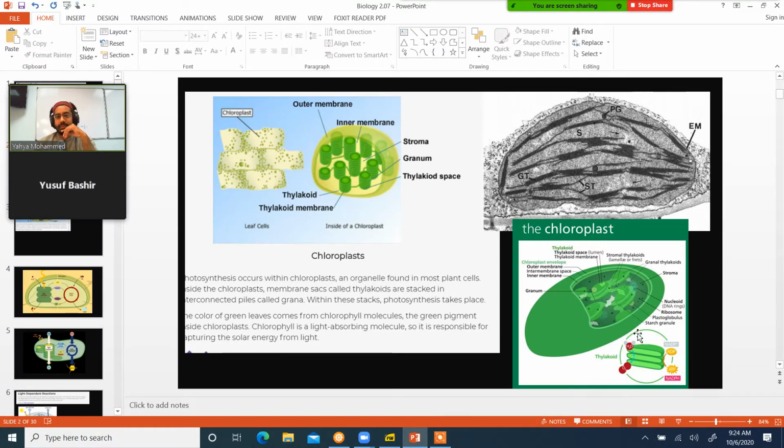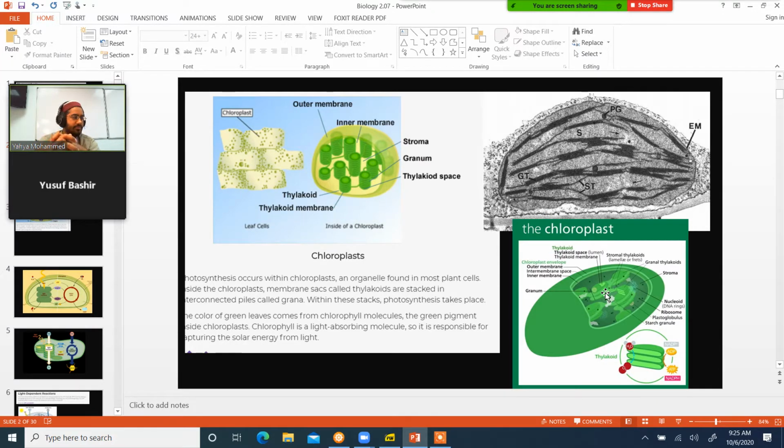Now, around the thylakoid, if you're inside the chloroplast, however you're outside the thylakoids, where are you? What is that space called? Can you figure that out? What do you think?